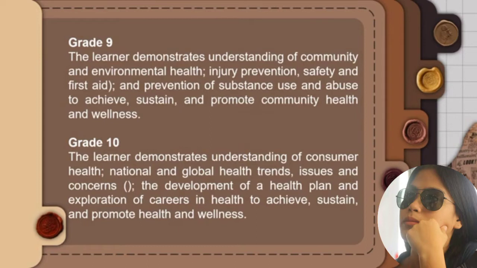In grade 10, the learner demonstrates understanding of consumer health, national and global health trends, issues and concerns, the development of a health plan and exploration of careers and how to achieve, sustain, and promote health and wellness.